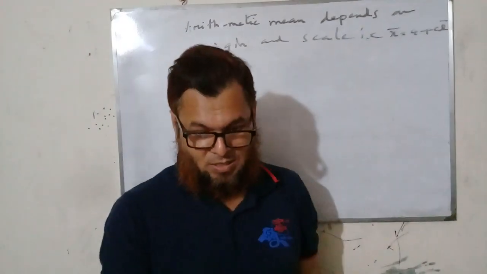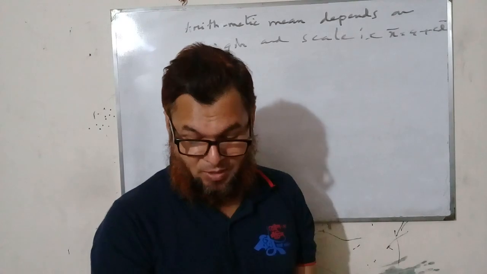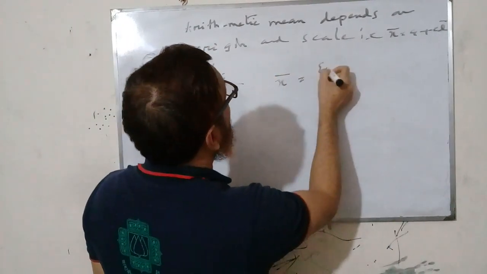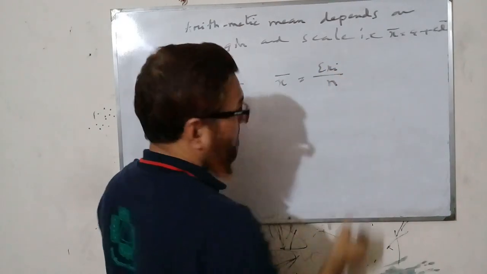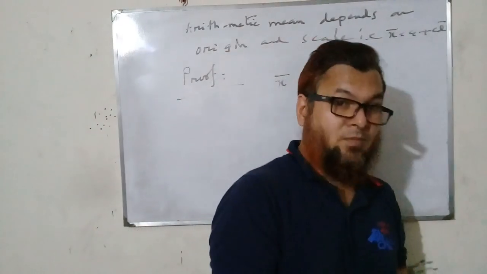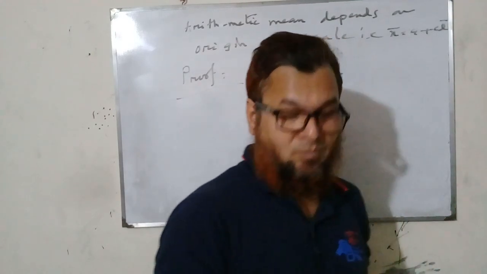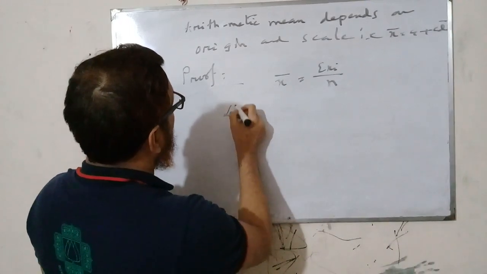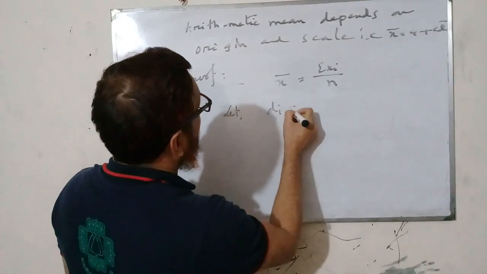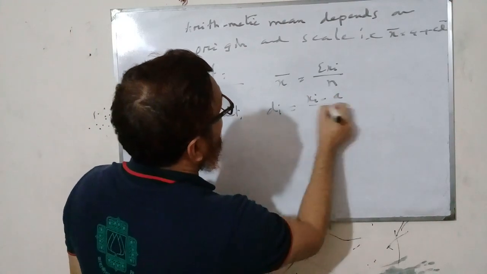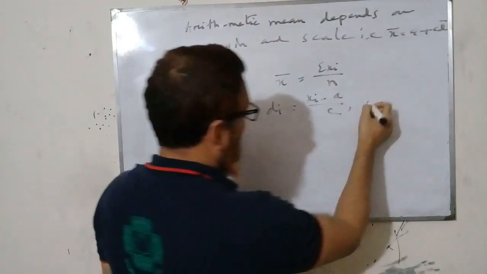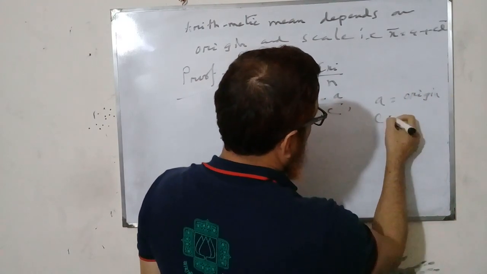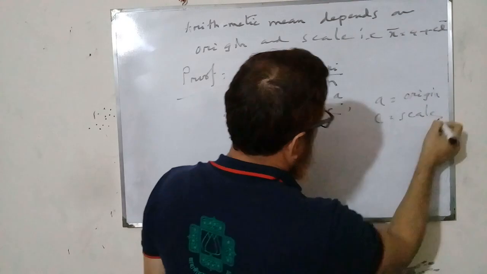Let x1, x2, ..., xn be a set of n observations of a variable x whose mean is x bar, that is x bar equals summation xi by n. Let di equal (xi - a) by c, where a is the origin and c is the scale.